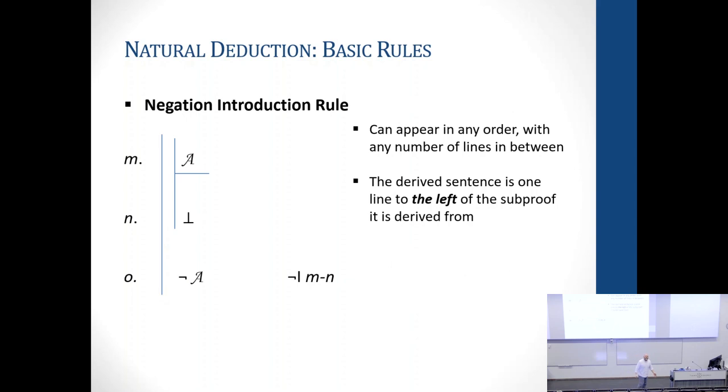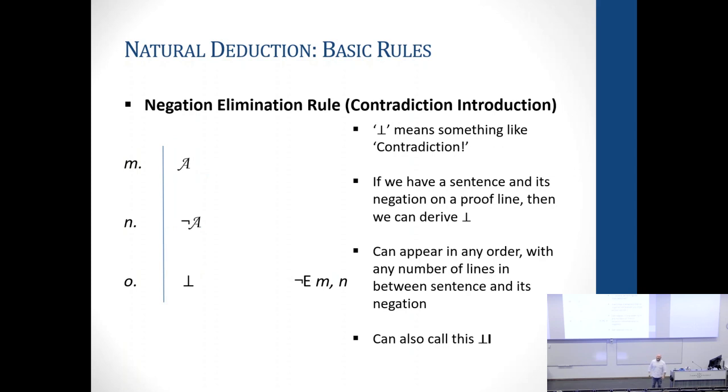That sounds really strange, but the only way to get the upside down T is via this rule. So every time you do negation introduction and you have your little subproof, in the subproof you will have had to have done negation elimination. In other words, you will never get negations from nothing.